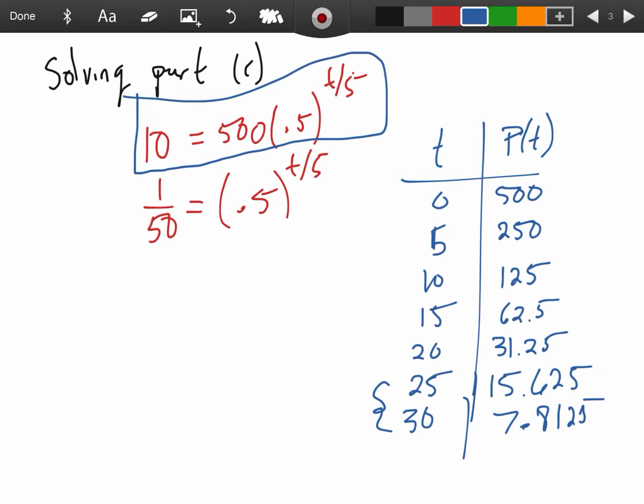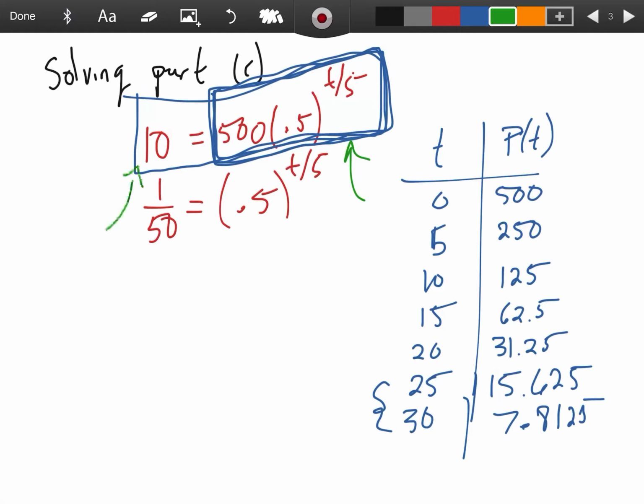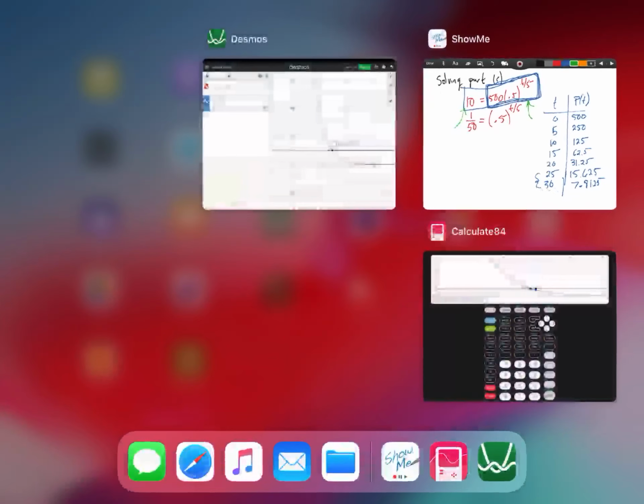Well, that just means if we graph this function, we're just trying to figure out, well, when is the y value equal to 10? So what we can do on the calculator is we're going to graph this, and we're also going to graph the function y equals 10. Once we do that, we can use an intersect button on the calculator to see where these two functions intersect.